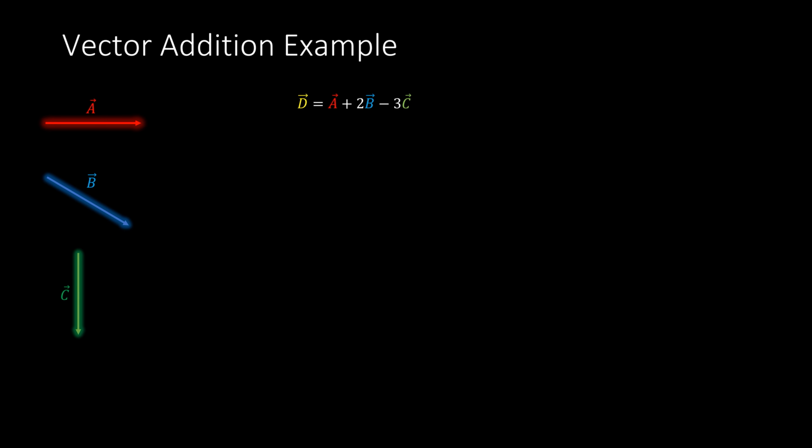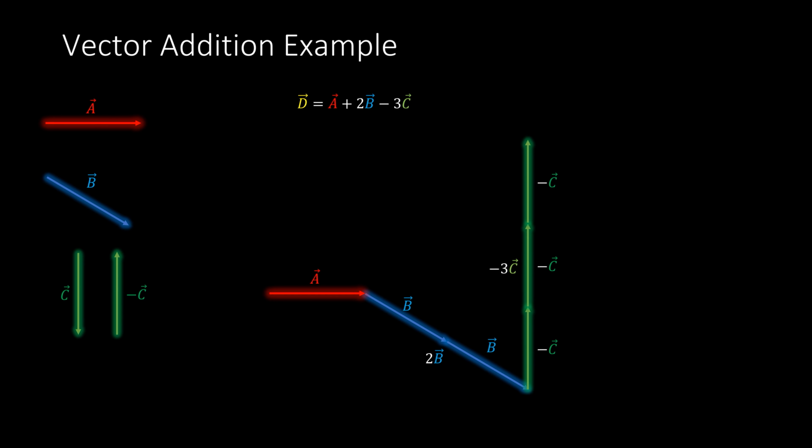First, we draw vector A. At the head of vector A, we add vector 2B, which is two connected B vectors. After that, we draw vector minus C, and then at the head of vector 2B, we add 3 minus C vectors. The resulting vector D is drawn from the tail of A to the head of the minus 3C vector.